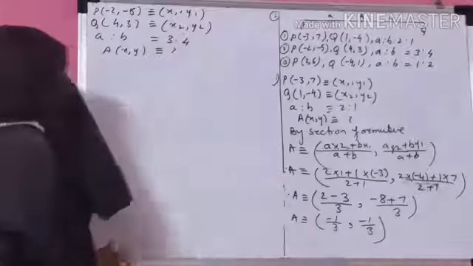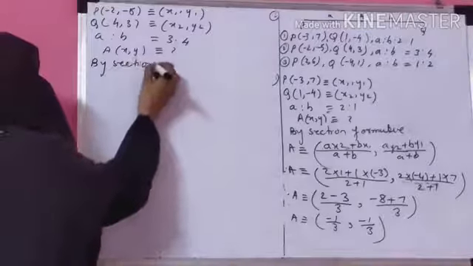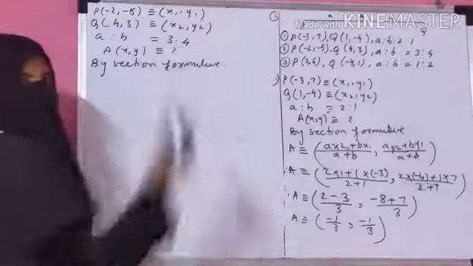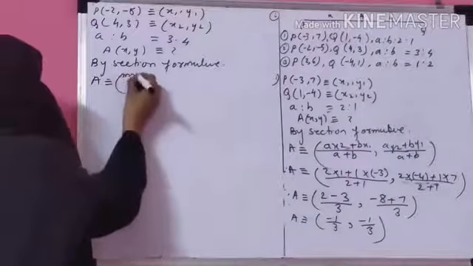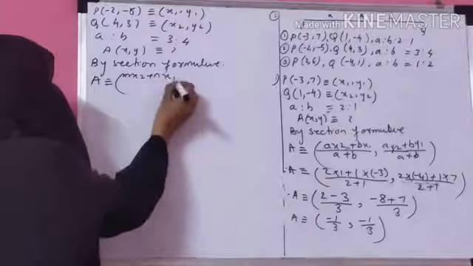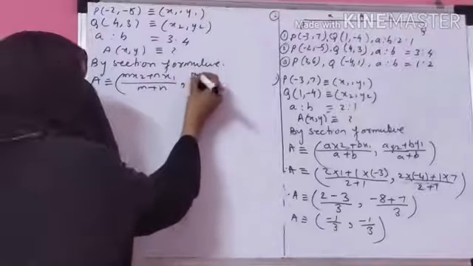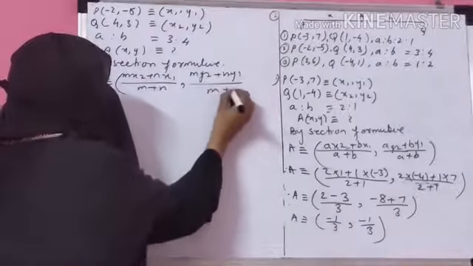Okay. Now again apply the section formula. By section formula, coordinate of point A is mx2 plus nx1 divided by m plus n. Y coordinate is my2 plus ny1 divided by m plus n.